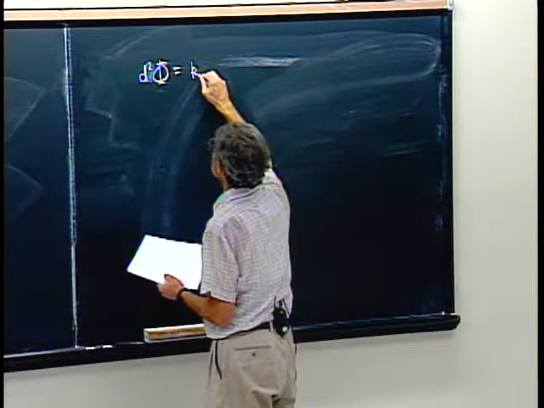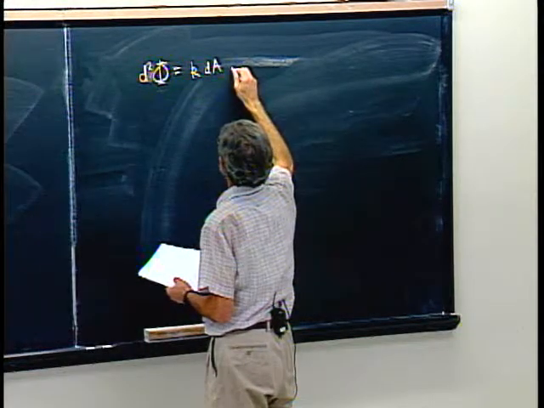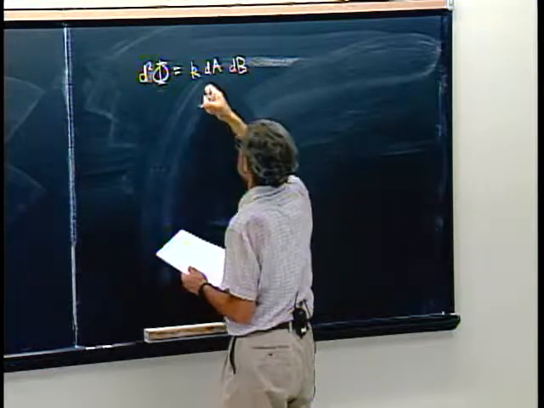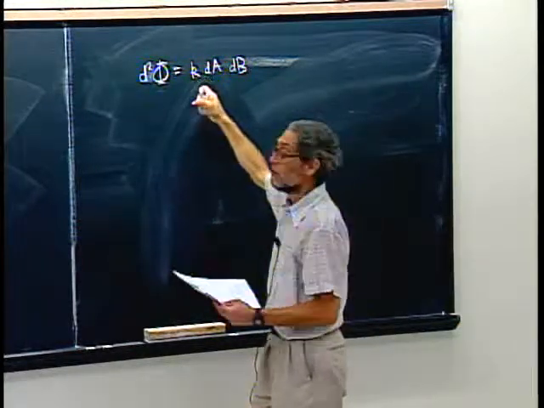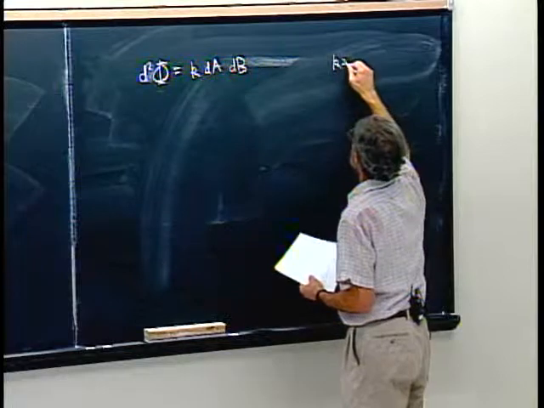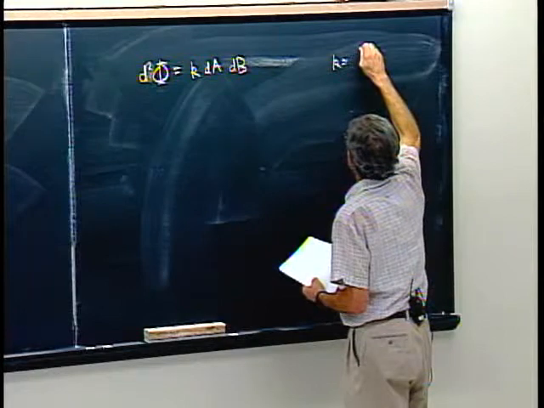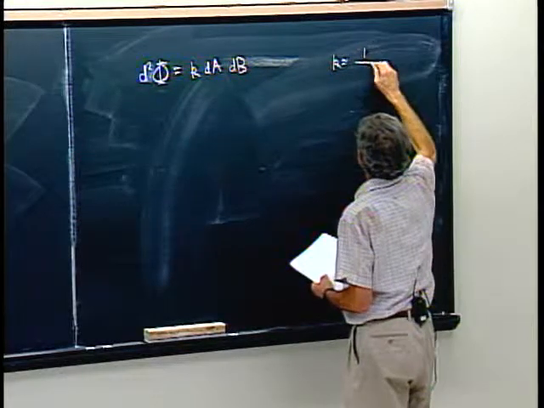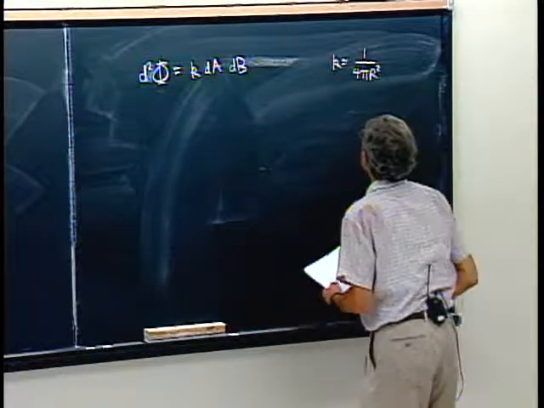There's a probability density times dA dB. I guess it's some constant. This is really k squared, right? Where k is the probability per unit area. So let me think. K equals 1 over the total area of the sphere, which is 4 pi r squared.